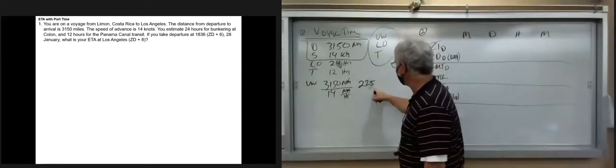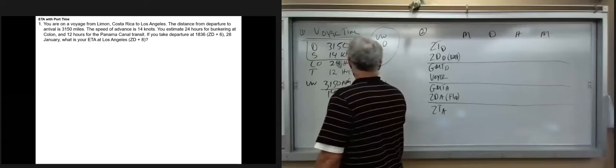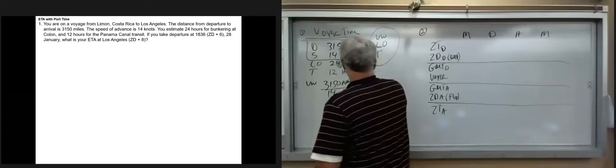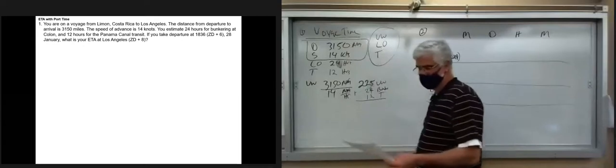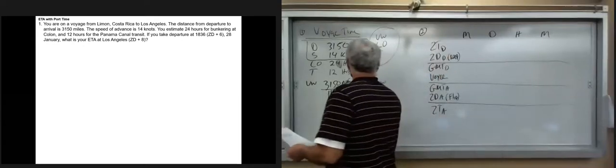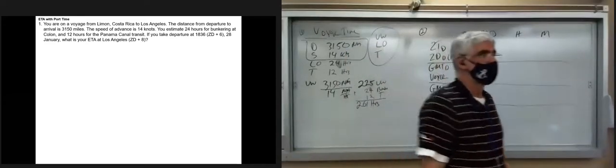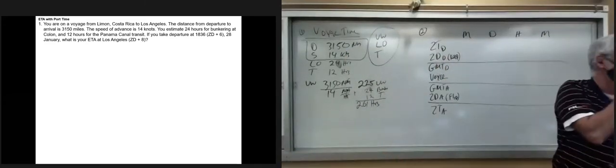What I'm going to do now is combine 225 hours underway plus 24 hours bunker plus 12 hours transit. So 225 plus 24 plus 12, what's that? 261 hours, okay? I'm going to combine them all right now.